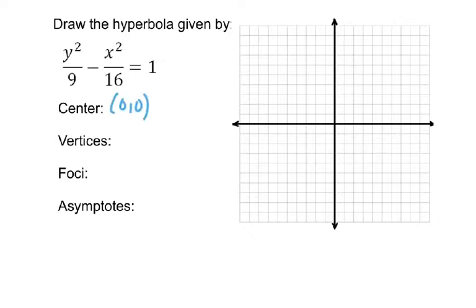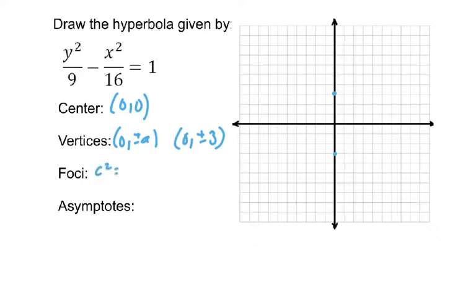For a hyperbola that opens up and down, your vertices are 0, comma, plus or minus a. So in this case, it's 0, plus or minus 3, from our 9 under our y squared. So we go up 3, down 3, and we have our vertices.